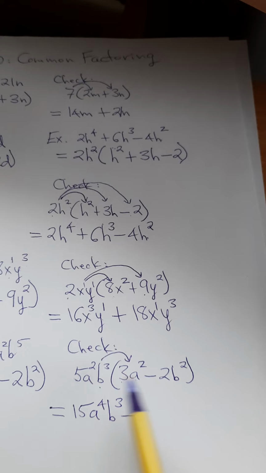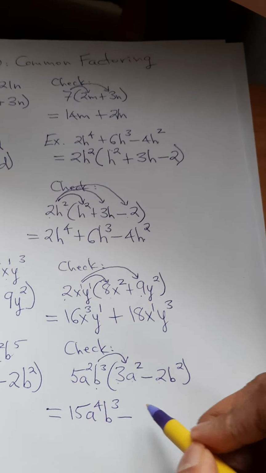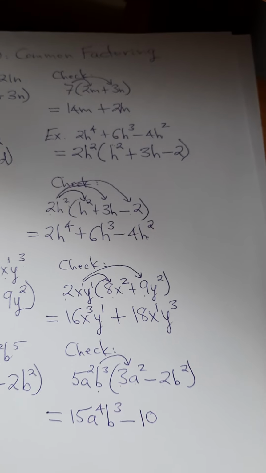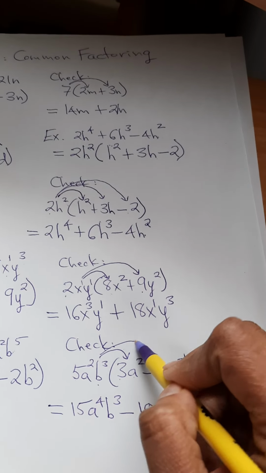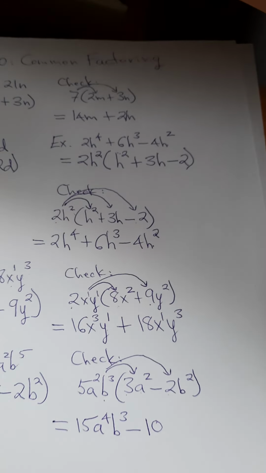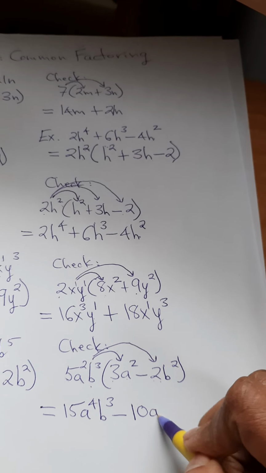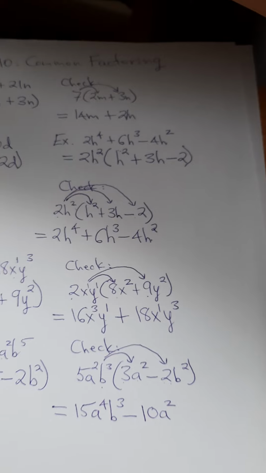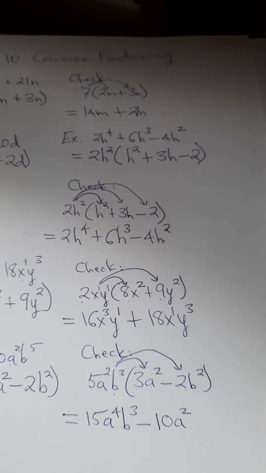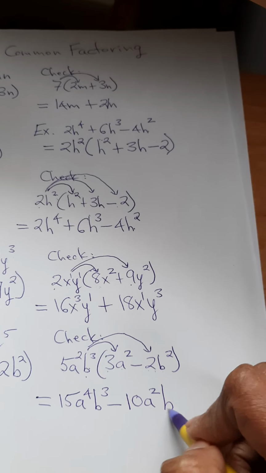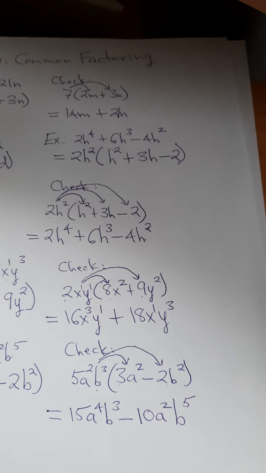I'm doing 5 times negative 2, and taking the sign in front, which is negative 10. Here I don't see any a values, so the a squared stays the same. You're just adding the b values together: b^3 times b^2, so b to the power of 5.